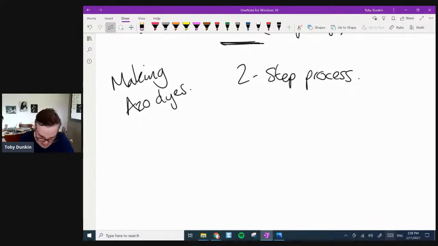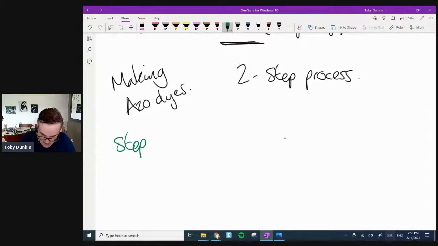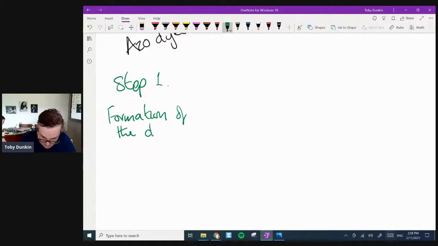So two-step process. Step one is the formation of the diazonium ion.